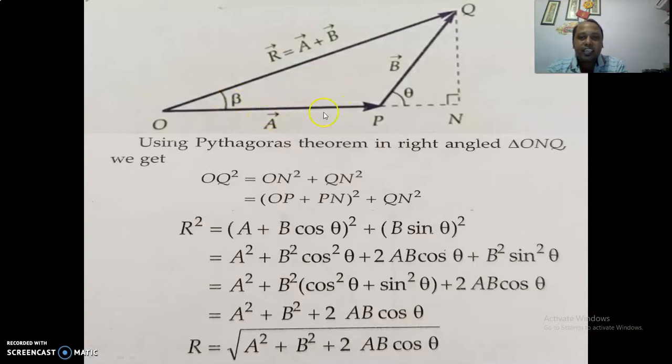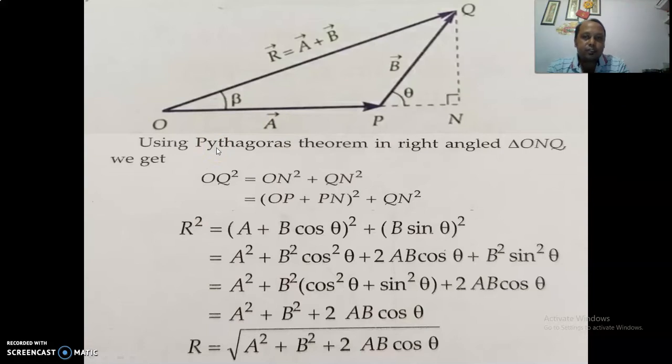That is, vector A is known, so we need to find the direction of the resultant vector R. So we say that the resultant R makes an angle beta with vector A. If someone asks you the direction of the resultant vector, you have to say it makes an angle beta with vector A, not with vector B. It makes an angle with vector A.